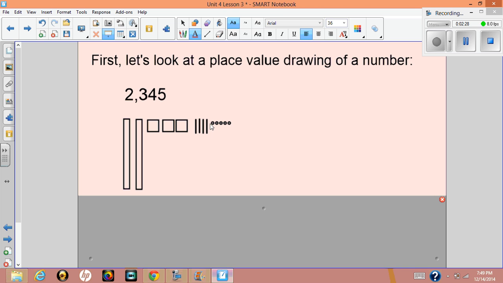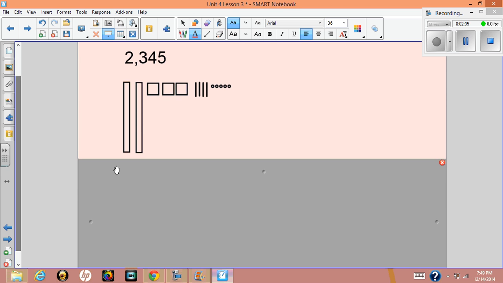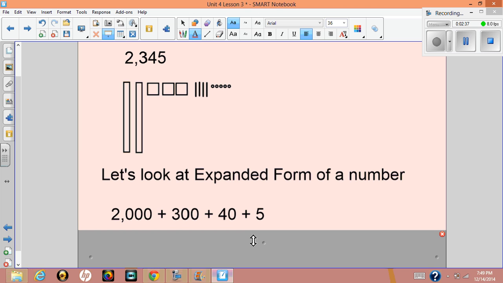And we have 5 1 circles representing the 5. Now, let's look at this same number in expanded form. We would expand it to be 2,000 plus 300 plus 40 plus 5. In standard and expanded form, we have the same number as we have represented here. We've just written it in a different way.